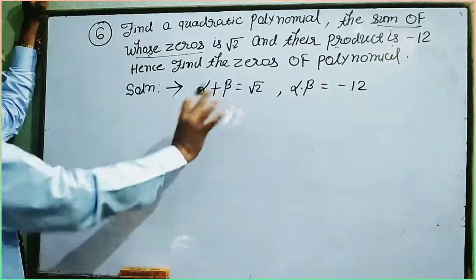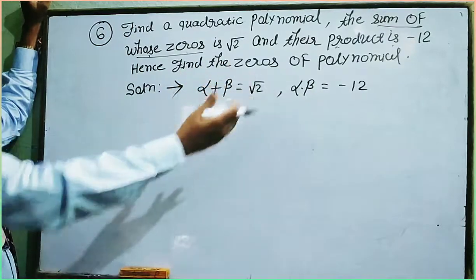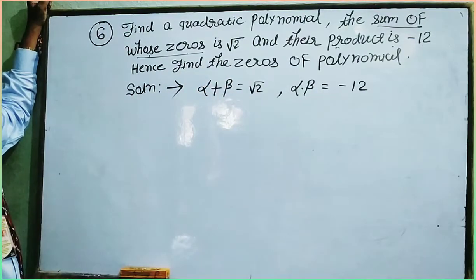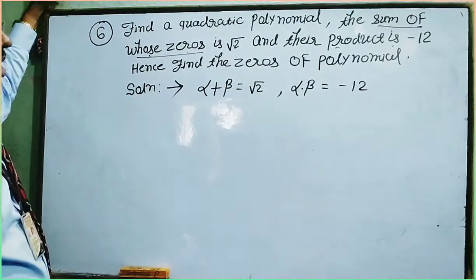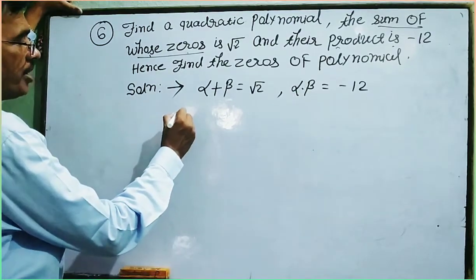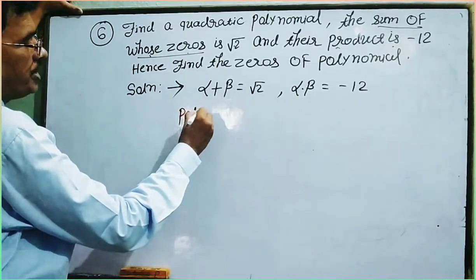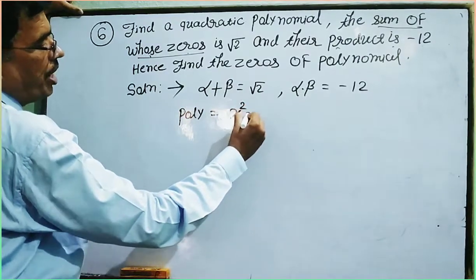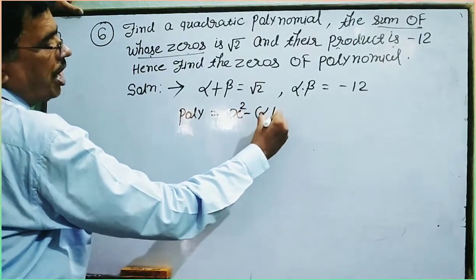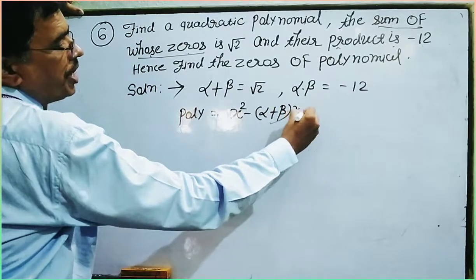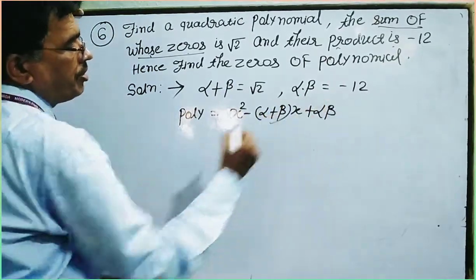Sum of the zeros is alpha plus beta and product of the zeros is alpha into beta, because alpha and beta are the zeros of this polynomial. Now what is the quadratic polynomial? The formula is x square minus alpha plus beta into x plus alpha into beta.